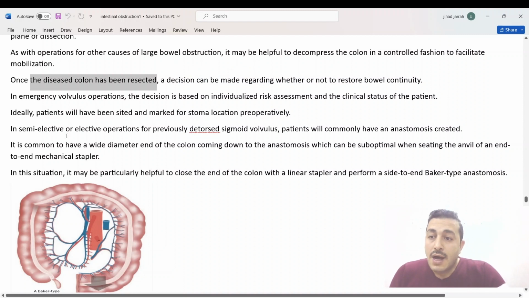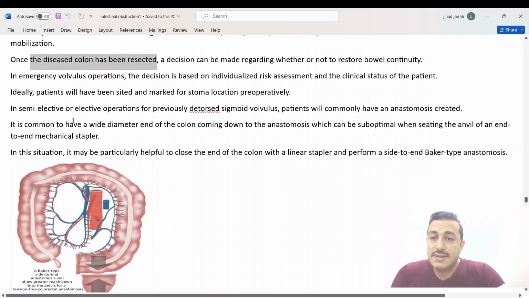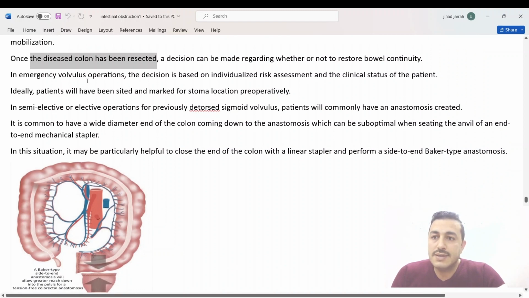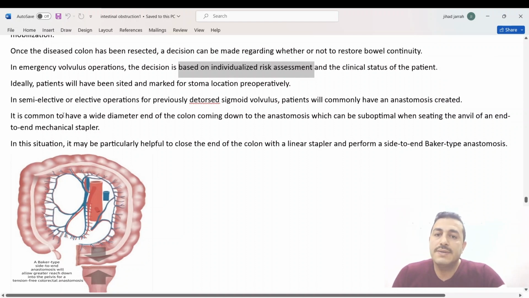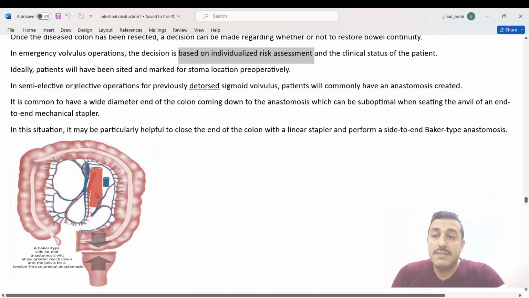And the answer here you can see: in emergency operation, the decision is an individualized risk assessment and the clinical status of the patient. In semi-elective or elective operation for a previously detorted sigmoid volvulus, patients commonly have anastomosis created.